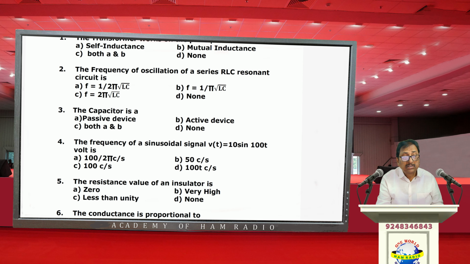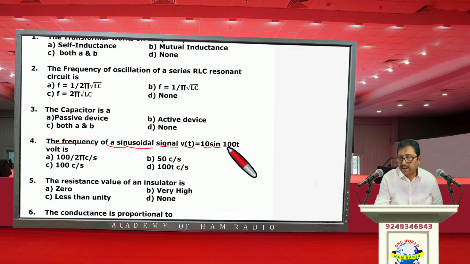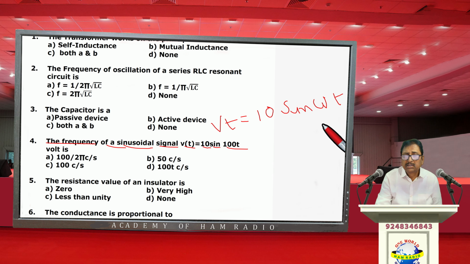Next question, the frequency of a sinusoidal signal v(t) is equal to 10 sine 100t. So the formula for this, v(t) is equal to 10 sine omega t. Here, the actual formula is like this.